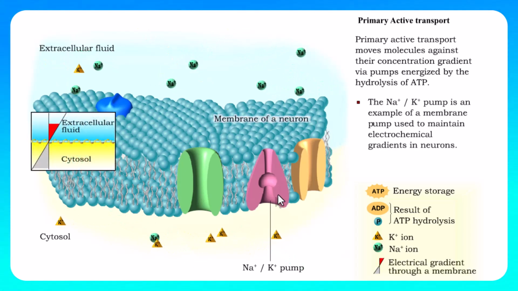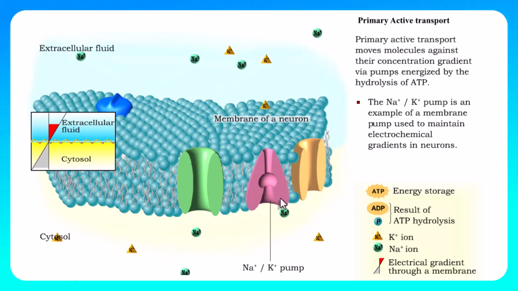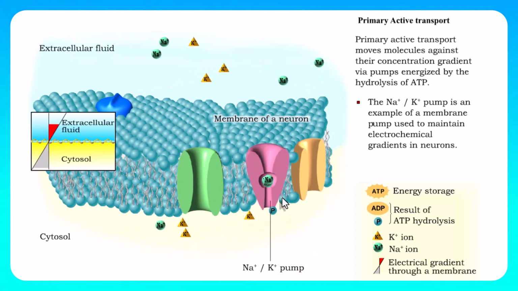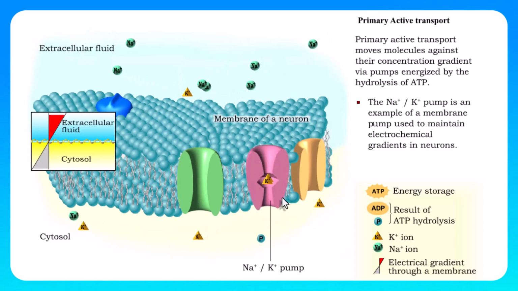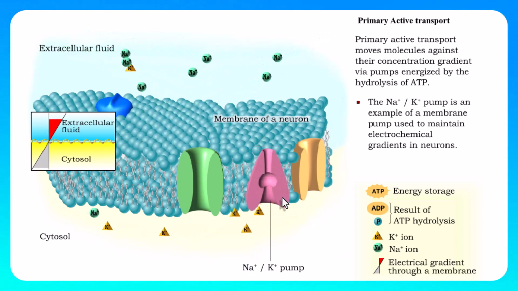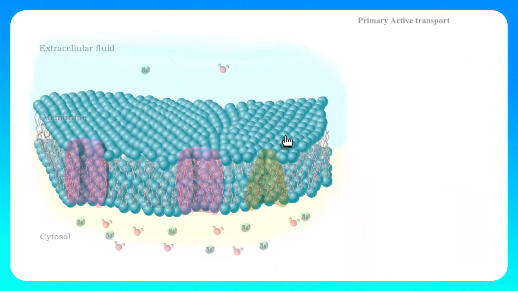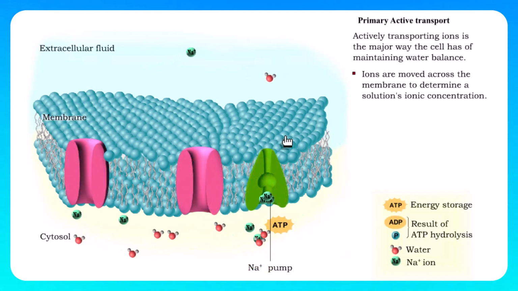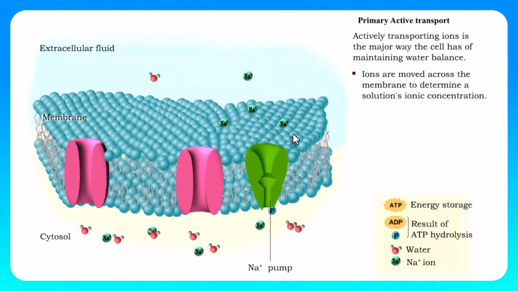The sodium-potassium pump is an example of a pump used to maintain electrochemical gradient in neurons. Actively transporting ions is the major way the cell has of maintaining water balance.